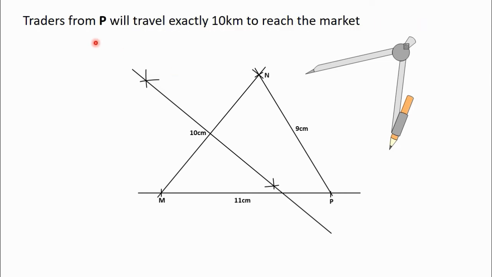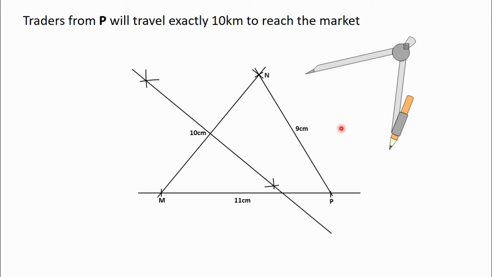The second condition says that traders from town P will travel exactly 10 kilometers to reach the market. So this means that the distance between the market and point P should be exactly 10 kilometers.